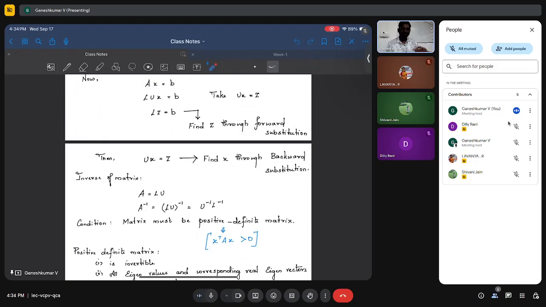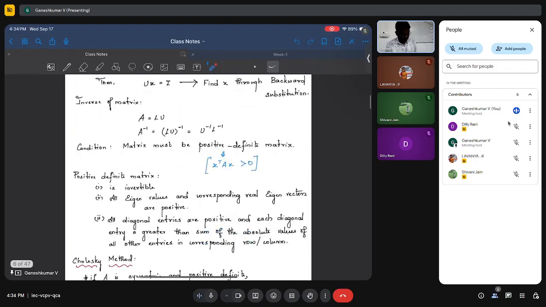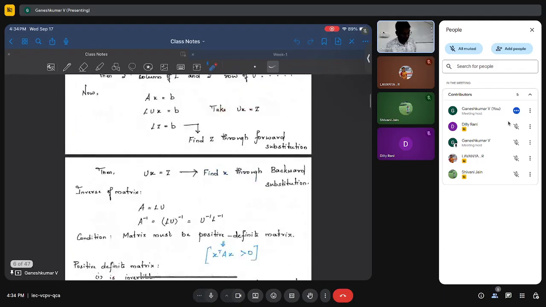So you just do forward and backward substitution. Once you find Z, since L and B we know, you do the forward substitution to find Z, and then substitute the Z here, and U is an upper triangular matrix, so you do backward substitution to find X. So that is how you get the X value.